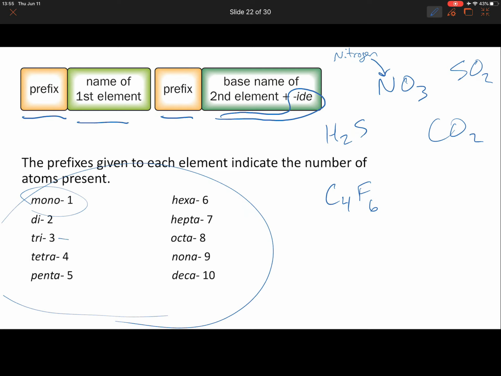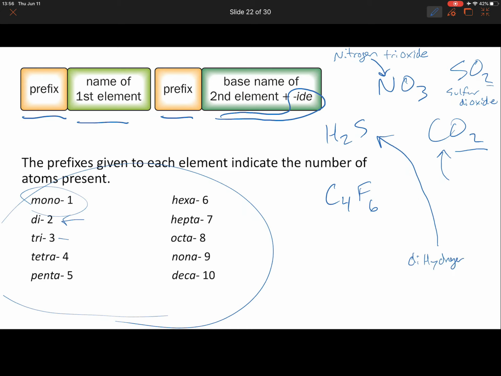So 3 is tri, and then oxygen is oxide. Remember IDE? Nitrogen trioxide. Let's try another one. Sulfur dioxide, because there's 2 O's and di. Carbon dioxide.